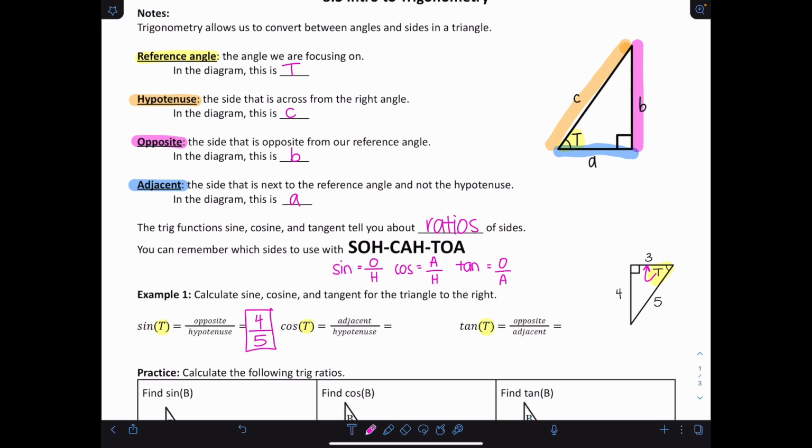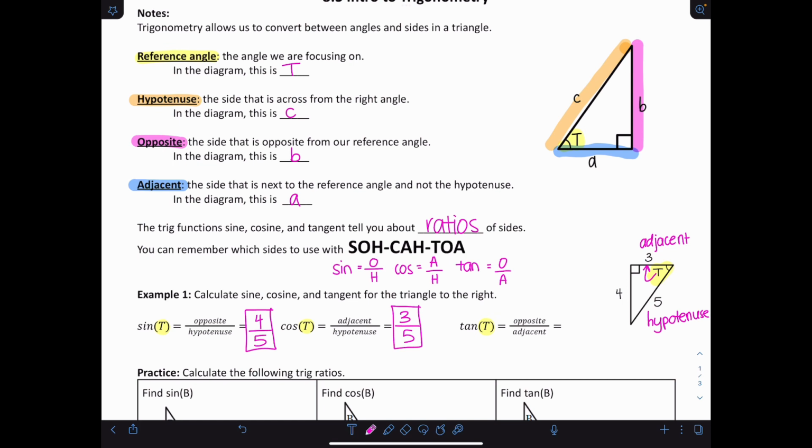So 3 here would be our adjacent side. And then we're using our hypotenuse again, which is 5. So our cosine of T is 3/5.